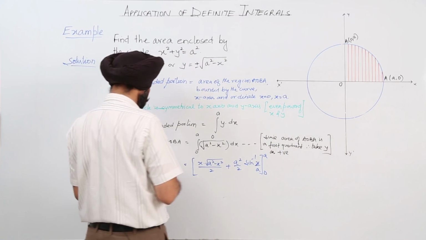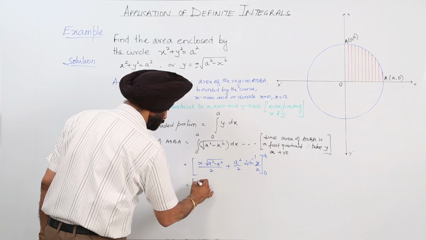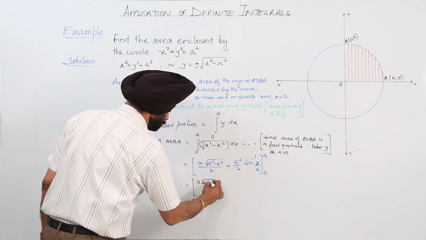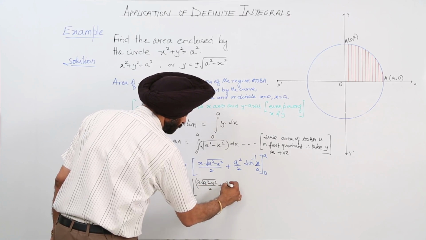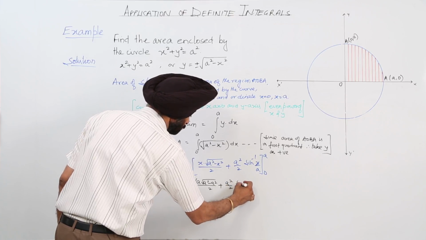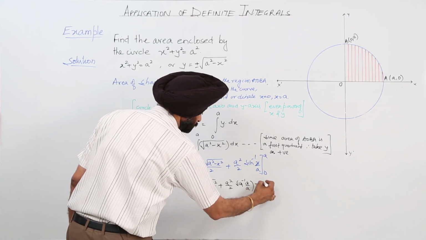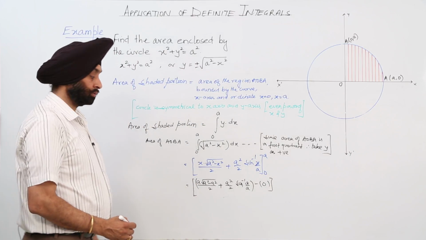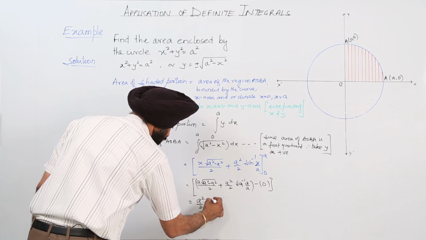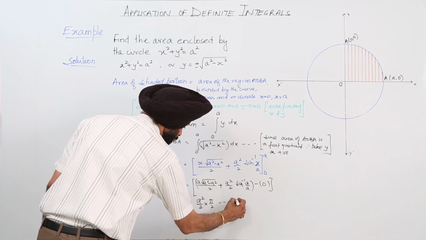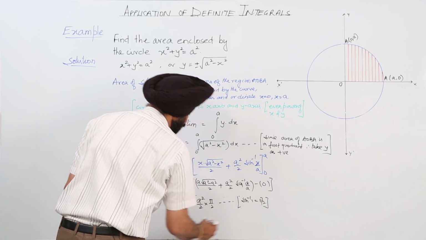Now, this becomes a times square root of a square minus a square upon 2 plus a square upon 2 sine inverse a upon a minus 0. Okay, and this is equal to now a square upon 2 into pi by 2, sine inverse 1 is equal to pi upon 2.